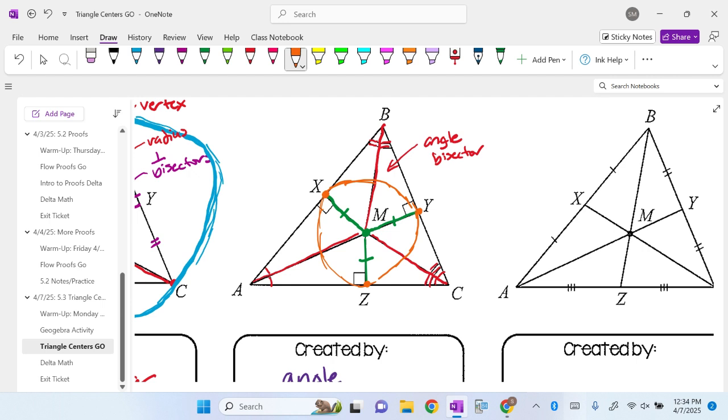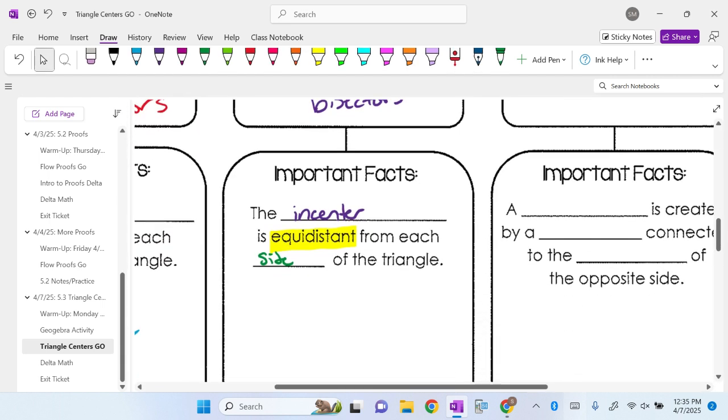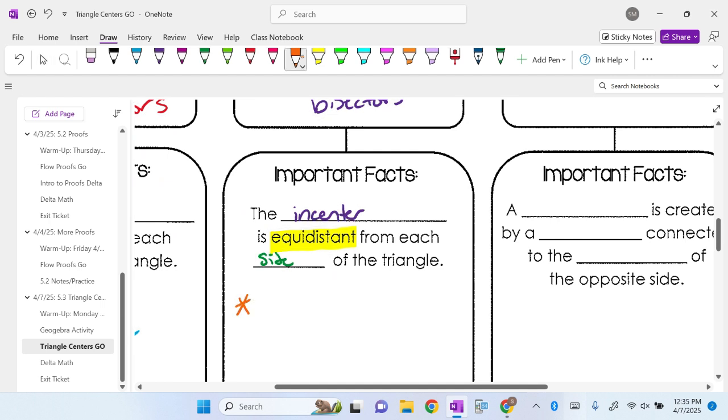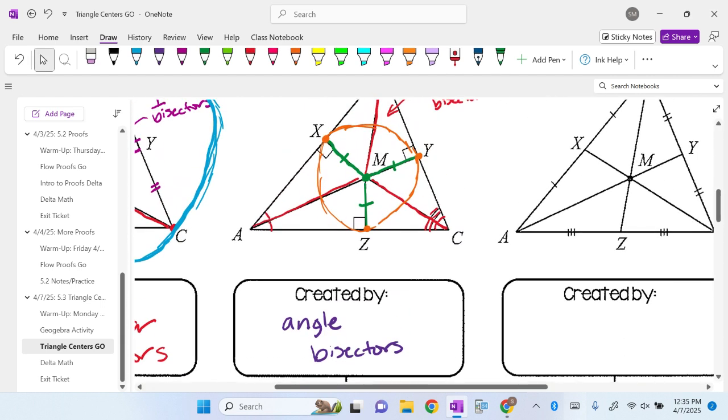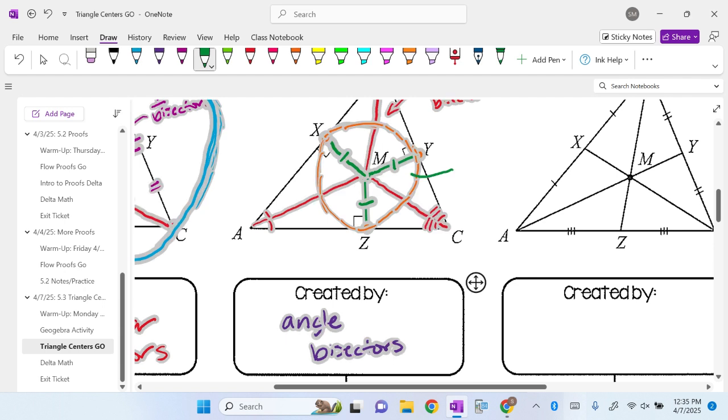And what's congruent is its radii. So these green lines right here are also the radius of the inscribed circle.